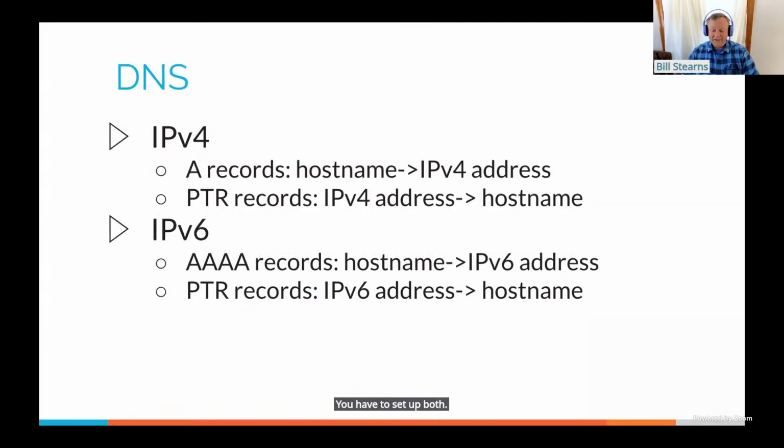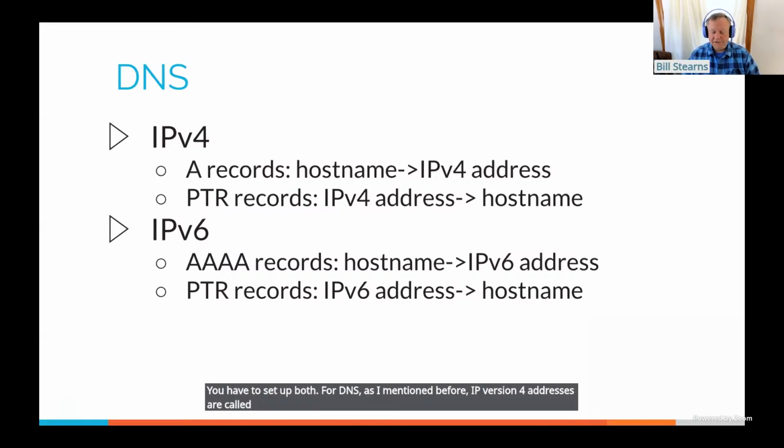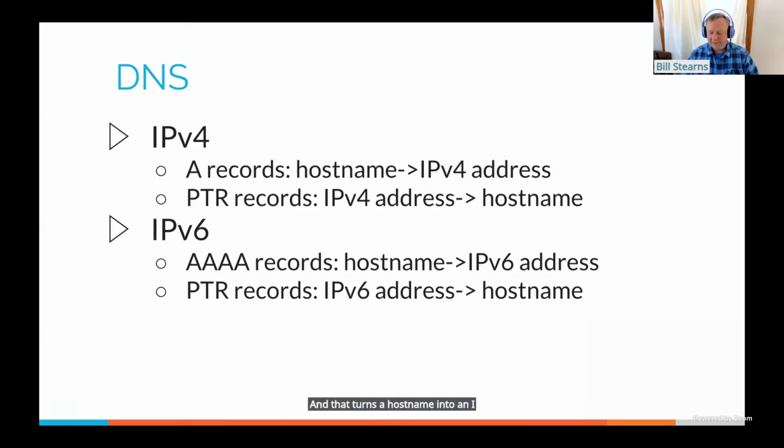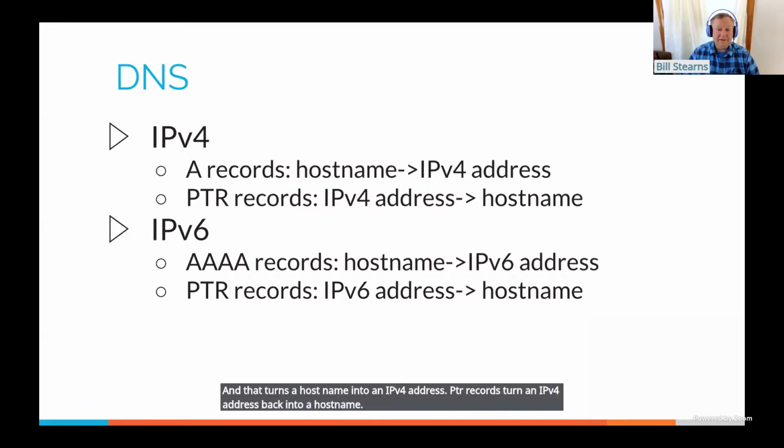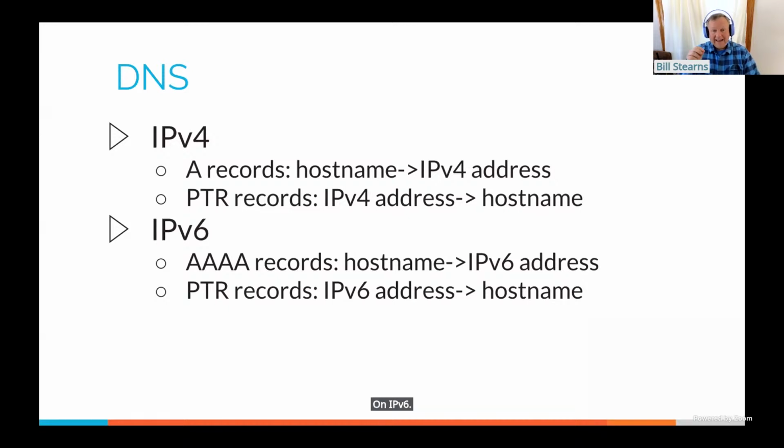For DNS, as I mentioned before, IPv4 addresses are called A records, and that turns a host name into an IPv4 address. PTR records turn an IPv4 address back into a host name. On IPv6, AAAA records turn a host name into an IPv6 address, and PTR records again turn an IPv6 address back into a host name.